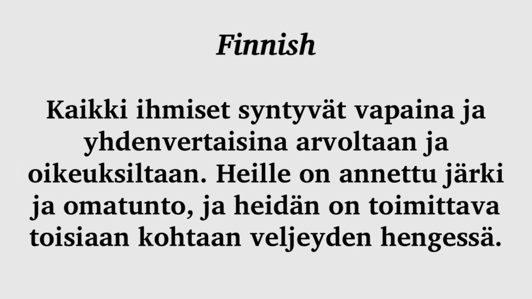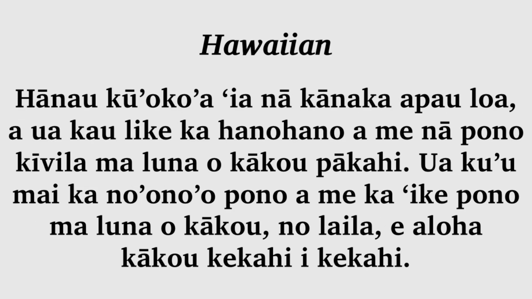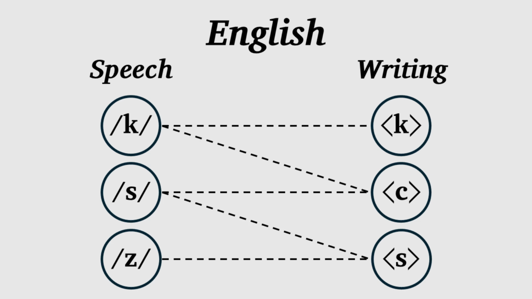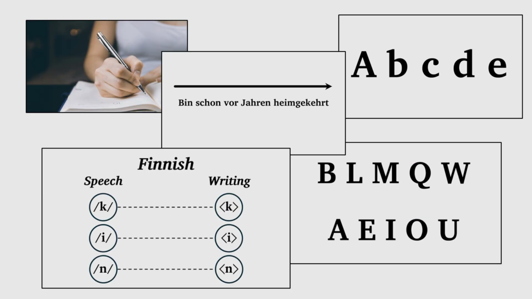In some languages, like Finnish or Hawaiian, each letter represents just one sound, and each sound is represented by just one letter. In other languages, like English, each letter can represent multiple sounds, and many sounds are represented in several ways.